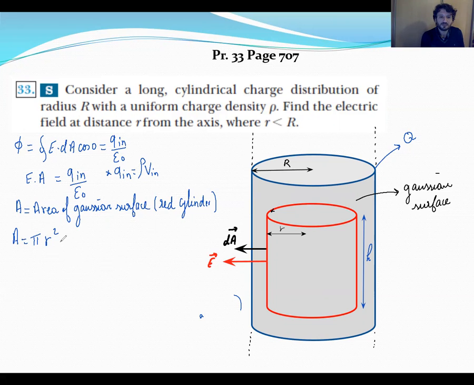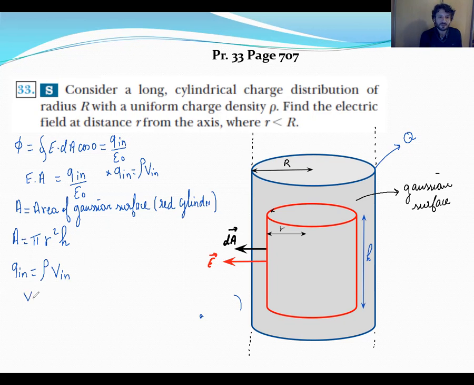So we get pi r square times h. Okay, this is A. And Qn equals rho times Vn. Vn is the volume which exists inside this Gaussian surface.